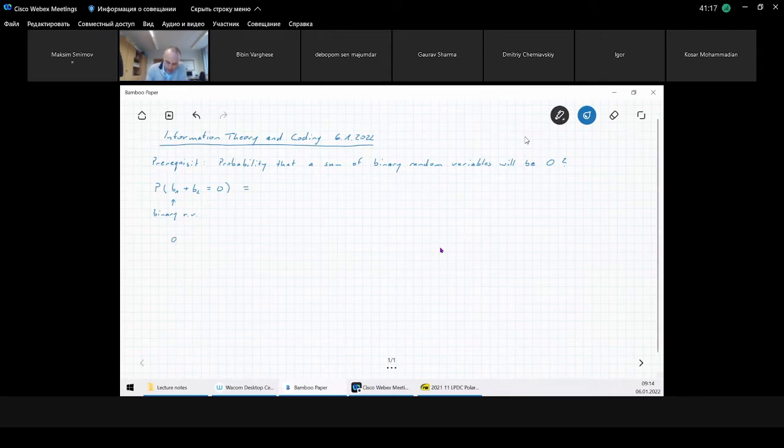It can be 0 plus 0, it can be 0 plus 1, it can be 1 plus 0, it can be 1 plus 1. So in this case, the sum will be 0. In this case, the sum will be 1. Here the sum will be 1, and here the sum will be 0.